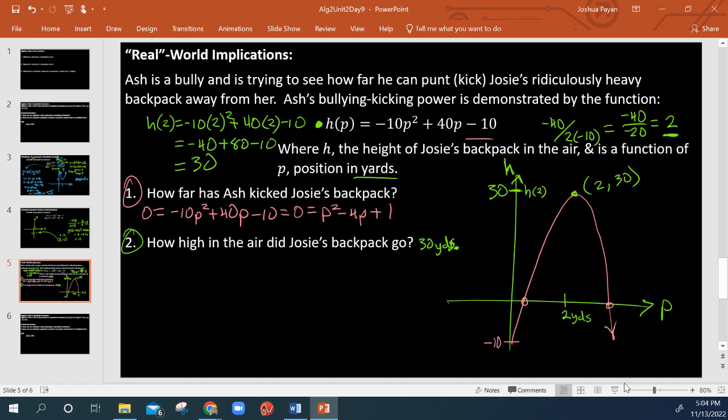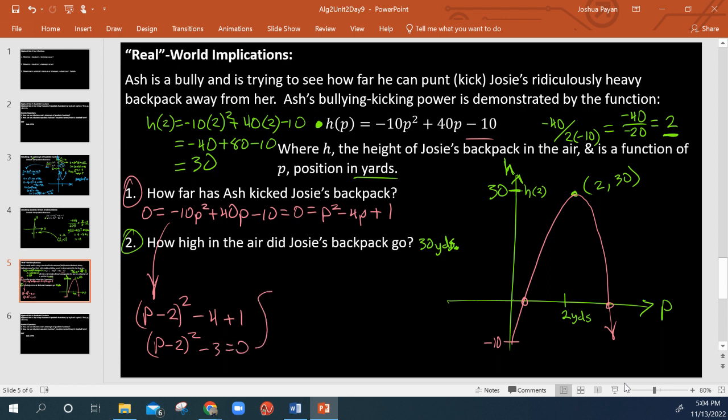And off the top of my head, I cannot factor this, but I could complete the square and solve this really easy. Okay, so real fast, I'm going to say that this becomes p minus 2 all squared minus 4 plus 1, right? And combine like terms, p minus 2 all squared minus 3 equals 0.